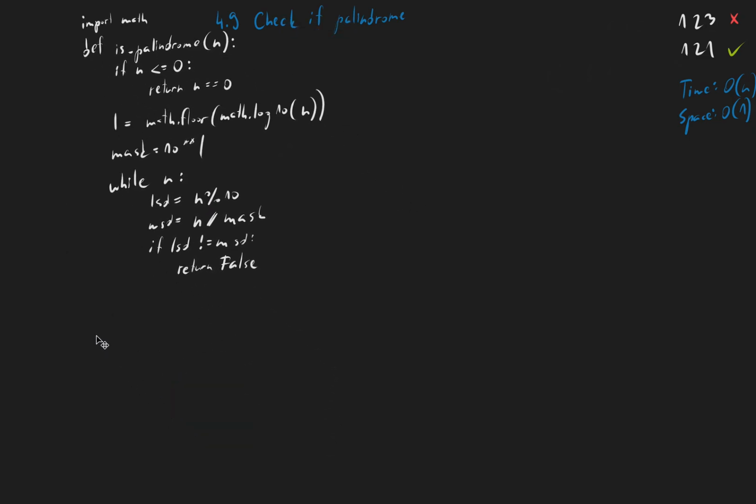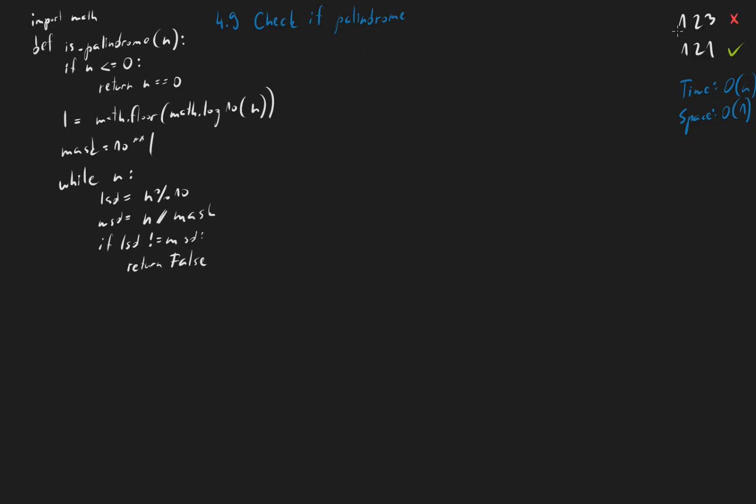If they are the same, we need to remove this number and this one and continue with our search. So we need to first remove the front. To do that, we do just n modulo mask, and then n divided by 10 to get rid of this digit here.